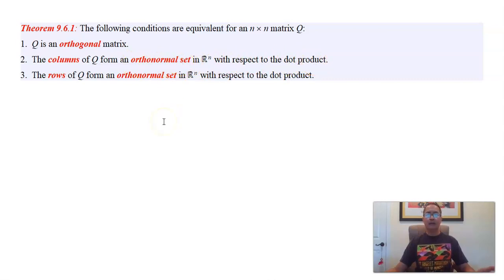Why orthonormal? Well, we wanted the two rows to be orthogonal to each other, and we wanted the columns to be orthogonal to each other. So that's what 2 and 3 are saying. But also we got a squared plus b squared equals 1, and a squared plus c squared equals 1.